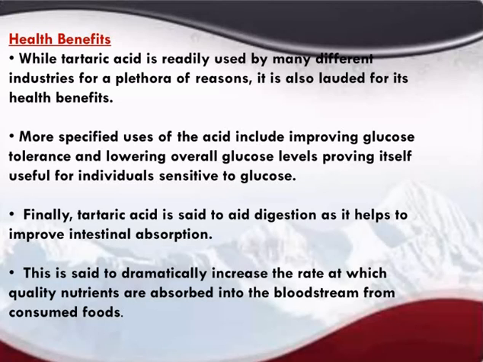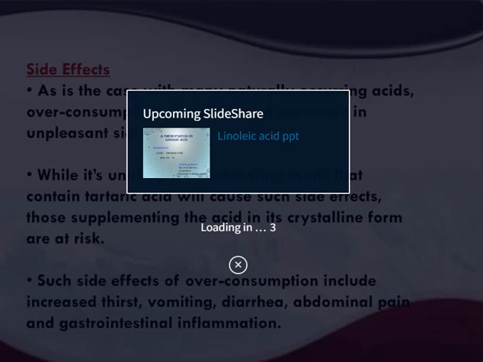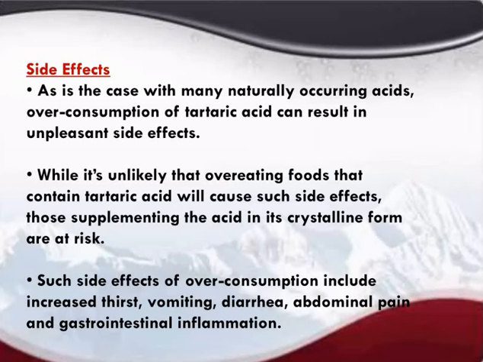Finally, tartaric acid is said to aid digestion as it helps to improve intestinal absorption. This is said to dramatically increase the rate at which quality nutrients are absorbed into the bloodstream from consumed food. So my friends, I hope you will understand the tartaric acid.